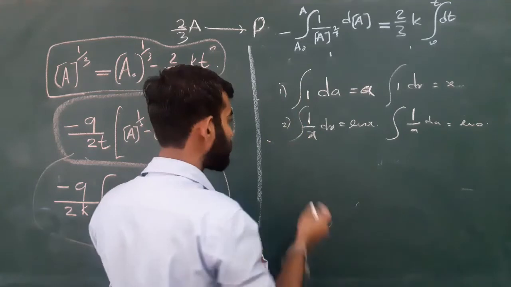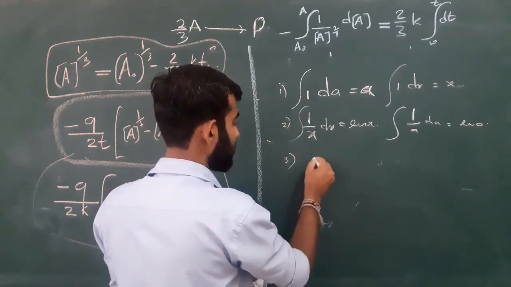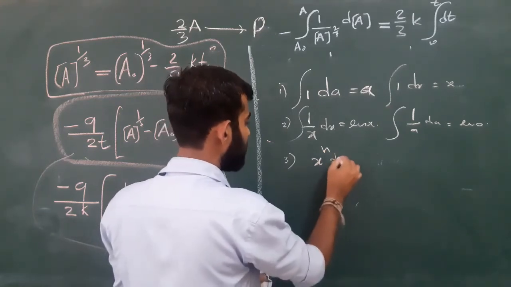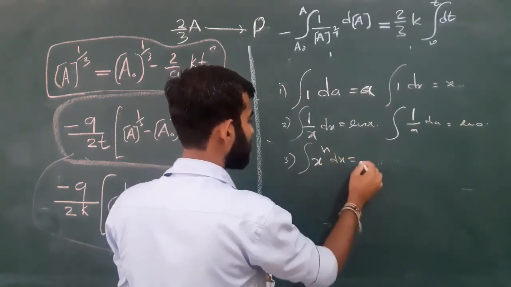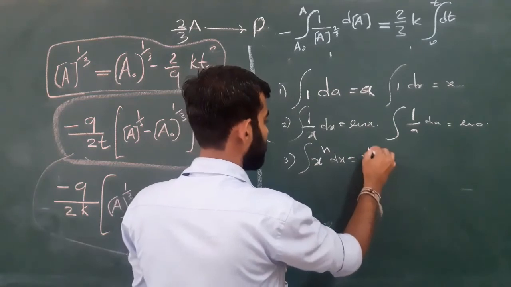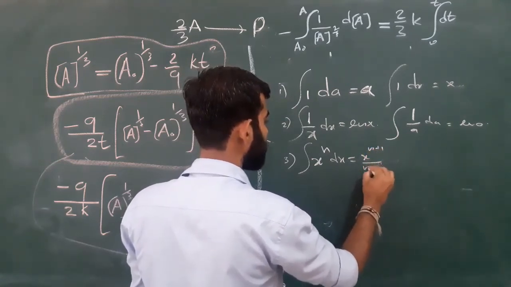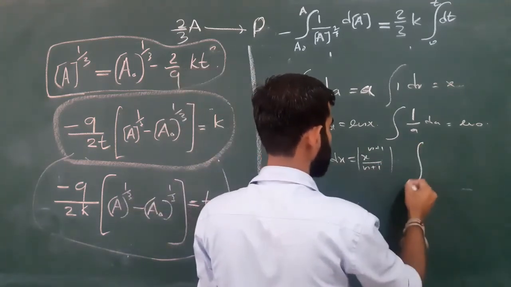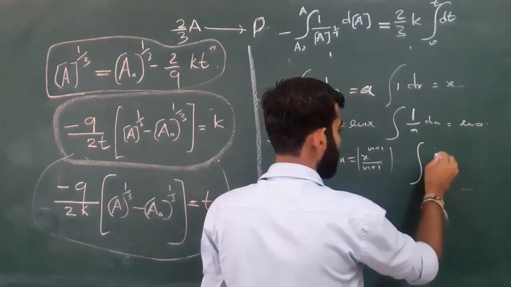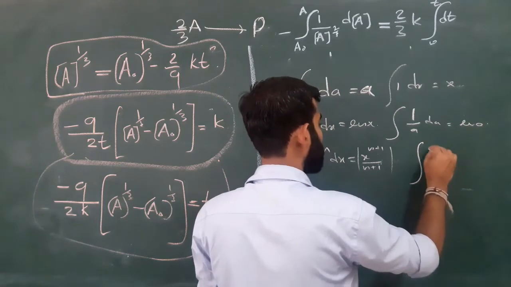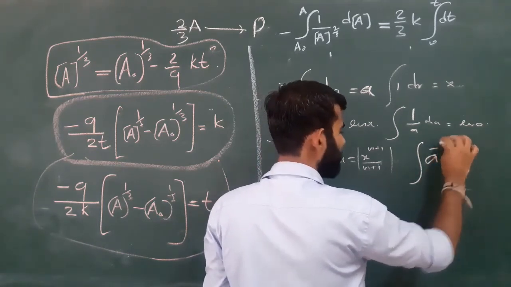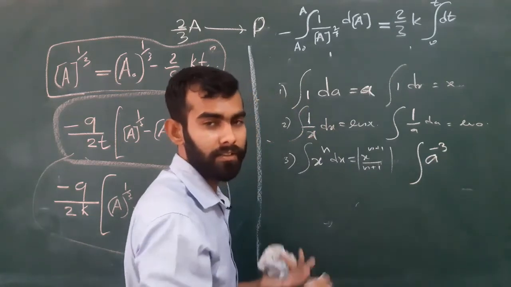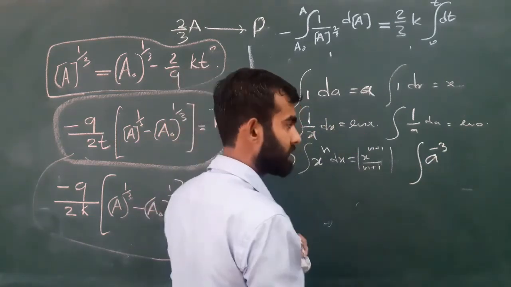Other one is the power rule. If I integrate x to the power n by dx, answer will be x to the n plus 1 divided by n plus 1. If I integrate a to the power minus 3, doesn't matter whether it is negative or positive, it is a power.